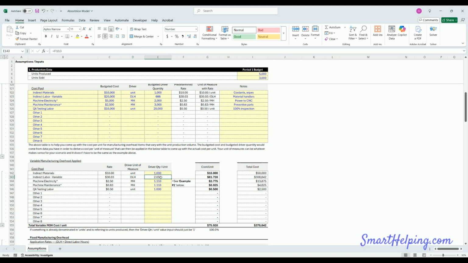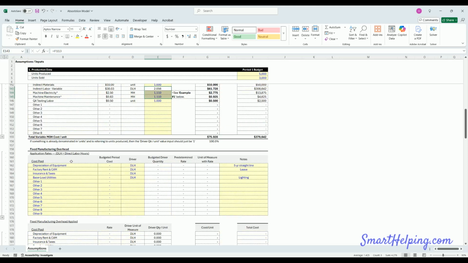So this is 2 direct labor hours, 1.1 machine hour, 1.1 machine hour per unit produced. And this is what the cost is in this denomination, and then conversion, and then we apply it to get the total cost per unit here.